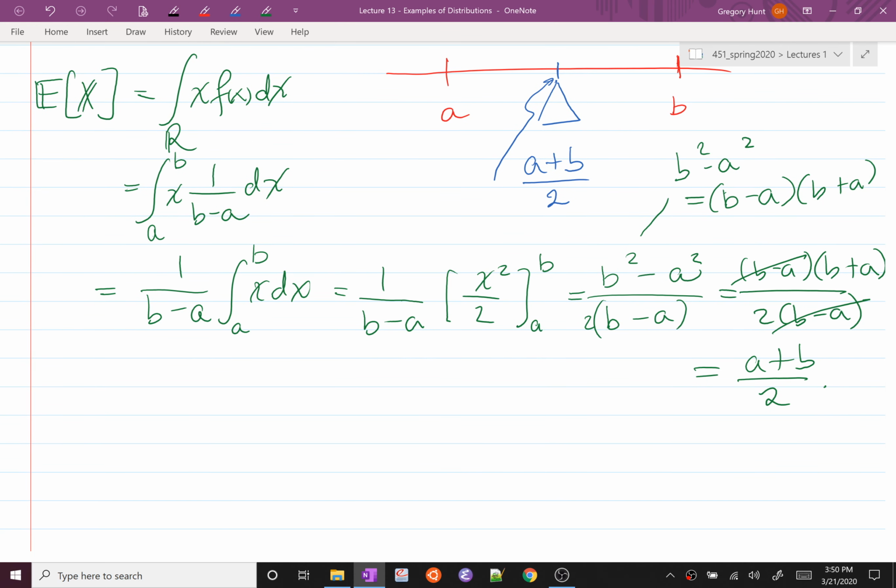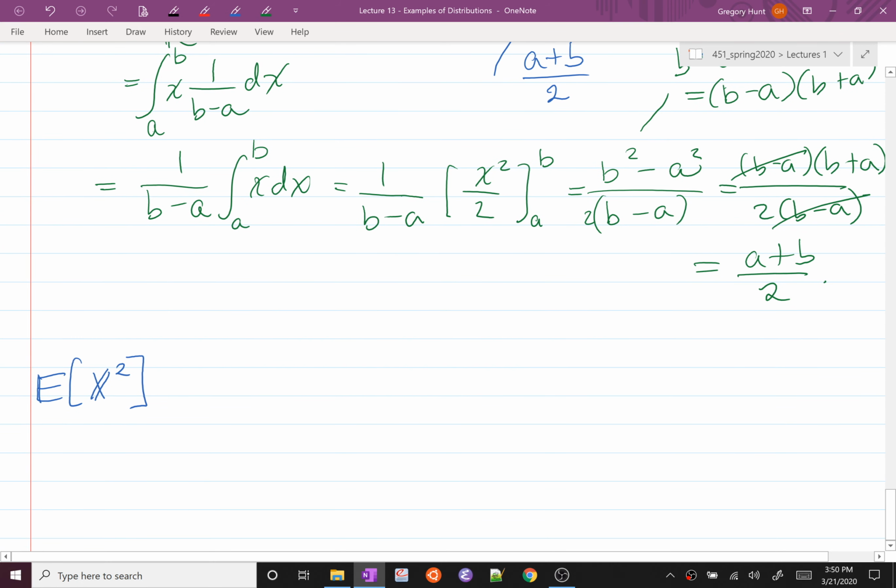We can play the same game and get the expected value of the square of x. We're going to skip some steps. It's the integral from a to b of x squared times f of x dx, which is the integral from a to b of x squared times 1 over b minus a dx.